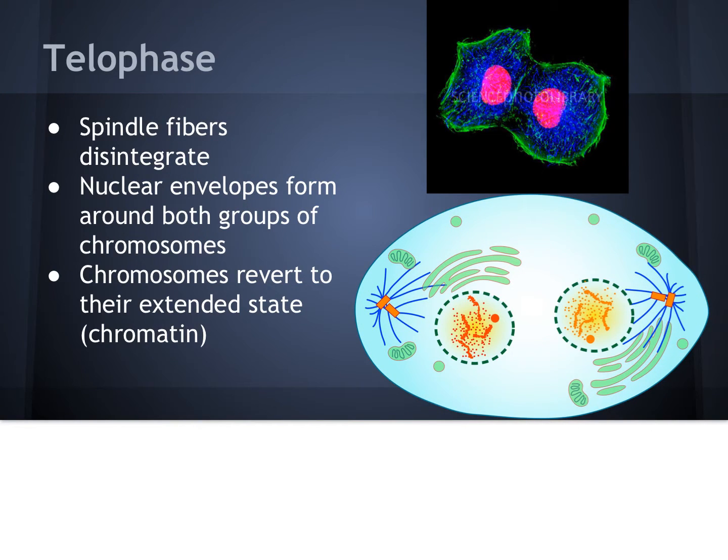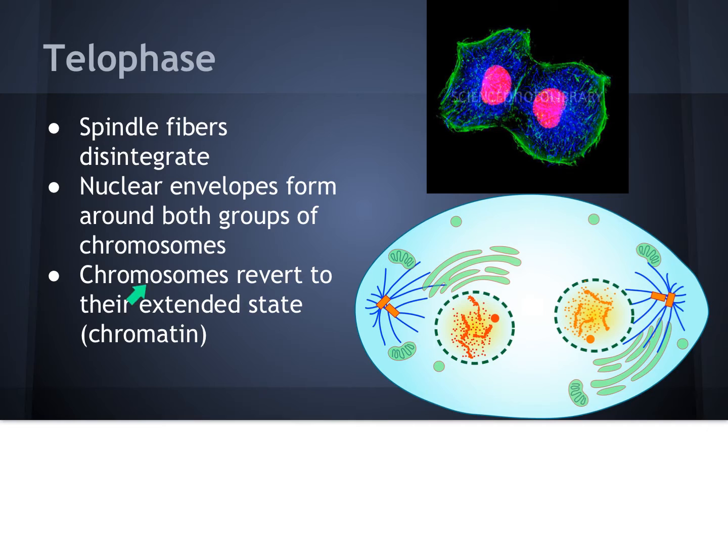The last phase of mitosis is telophase. So we already had our spindle fibers bring everything over to each half of the cell, and these are going to start to disintegrate, and they're going to unattach from the sister chromatids. Now we remember the DNA was originally in the nucleus, so we need to remake those nuclear envelopes in order to keep our DNA where it's supposed to be.